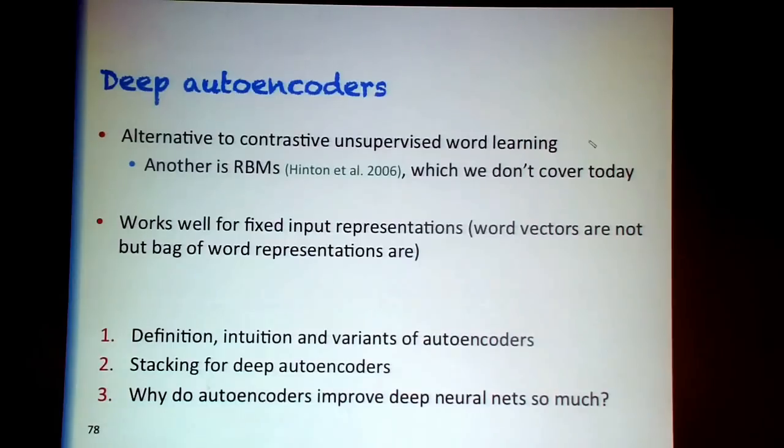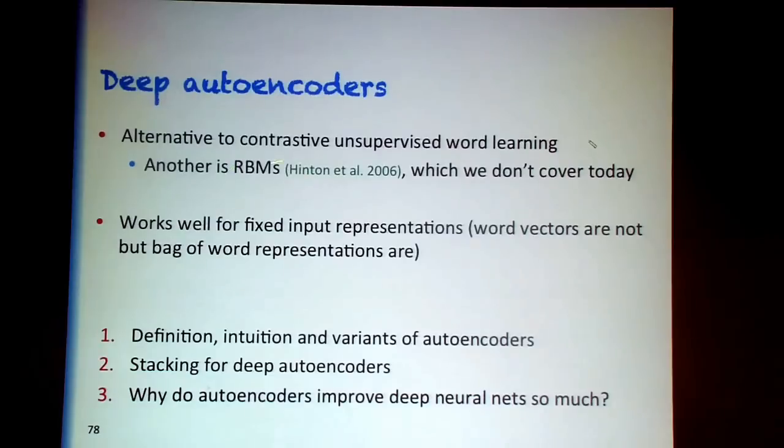All right, so now let me say a few words about one of the unsupervised learning tools that is pretty common in the deep learning literature. We've already seen the idea of predicting the next word as one of the unsupervised learning strategies, with contrastive unsupervised word learning.